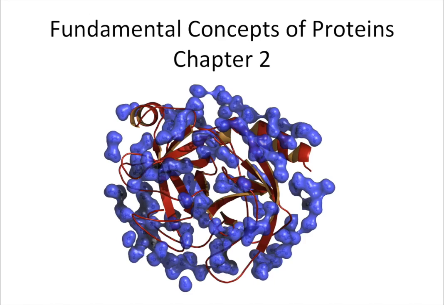They have a three-dimensional sort of spherical shape like this one does. And in many cases, when we talk about these types of proteins, we're talking about enzymes. And enzymes are a type of protein, and they actually catalyze important processes in the cell.